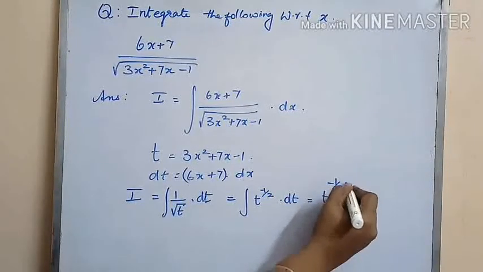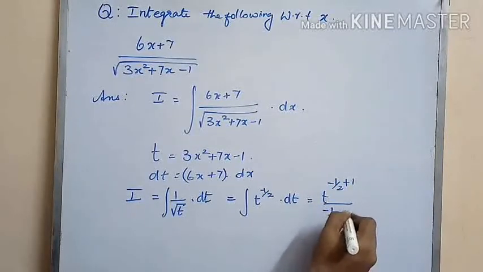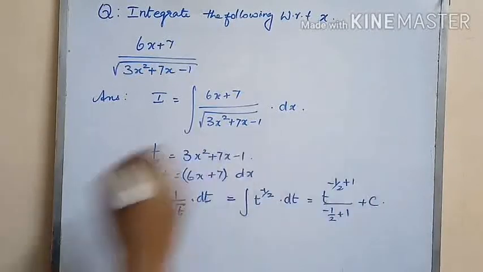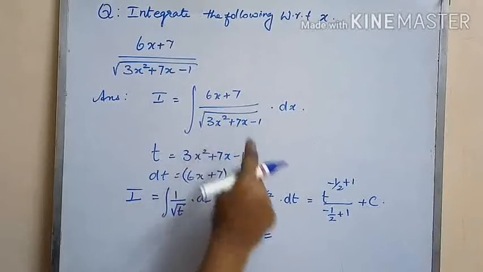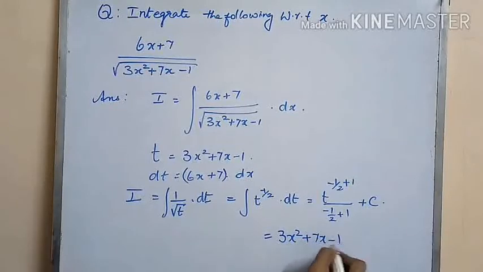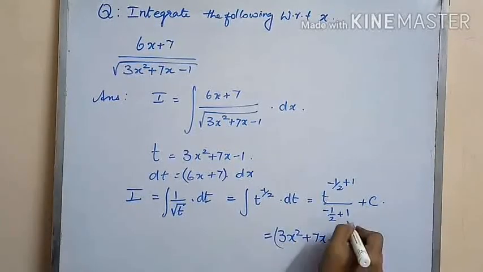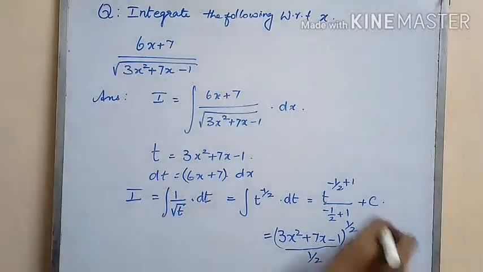Integration gives us t^(−1/2 + 1) by (−1/2 + 1) + c. Let us substitute the value of t here, which is (3x² + 7x − 1)^(1/2) by half + c.